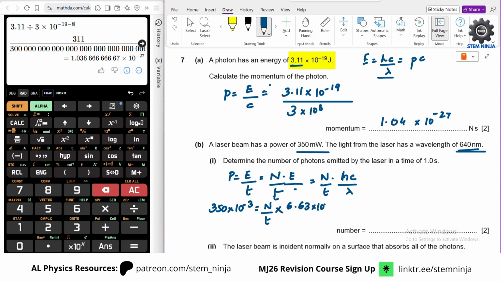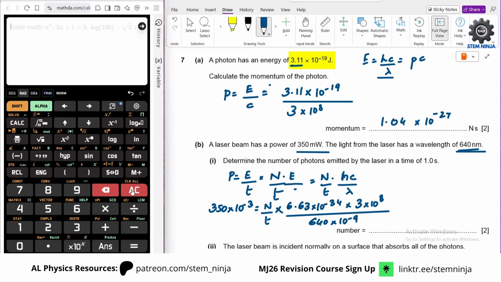6.63 times 10 raised to the power minus 34, speed of light 3 times 10 raised to the power 8, and lambda 640 nanometers.